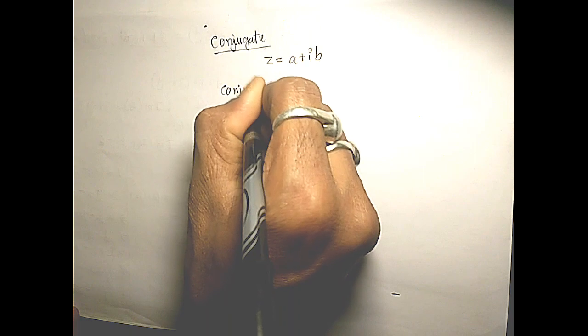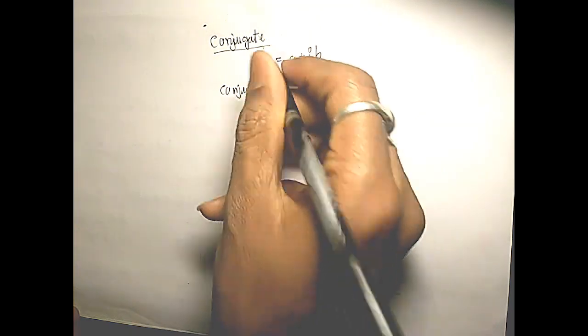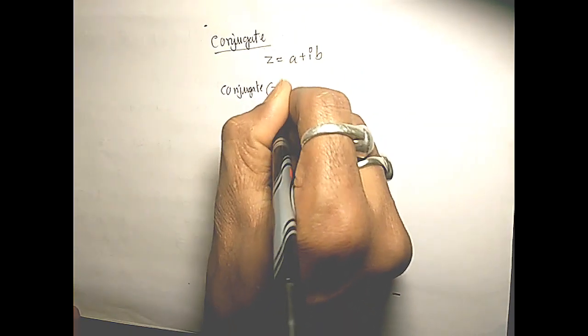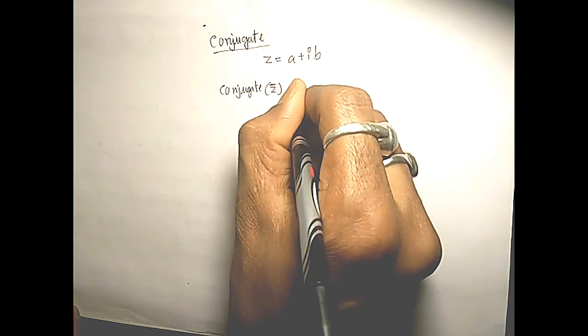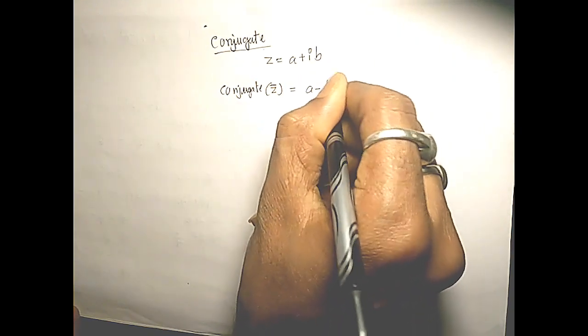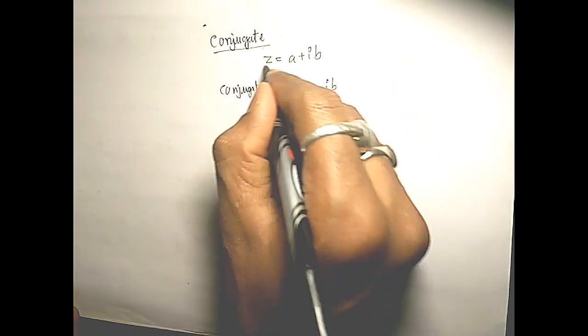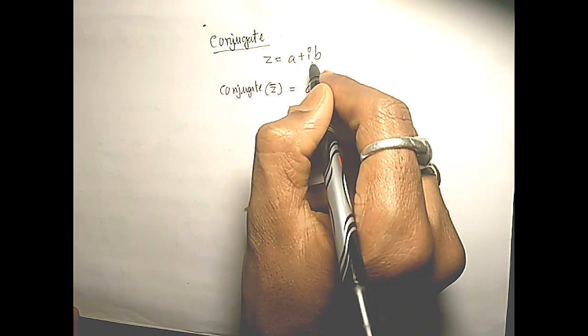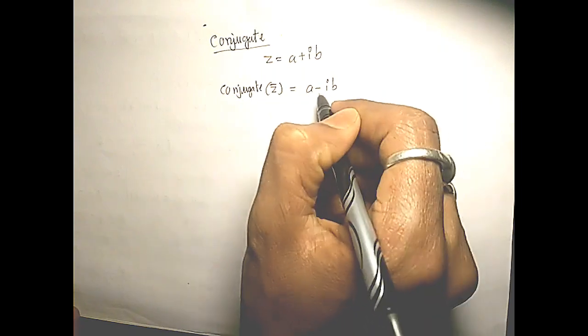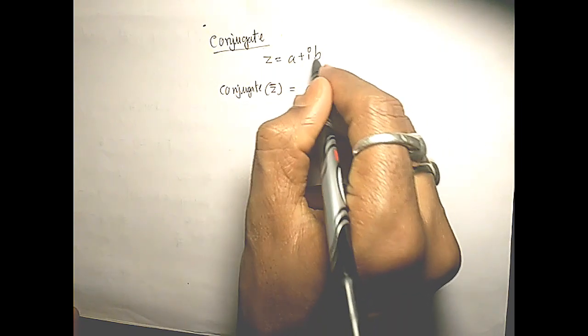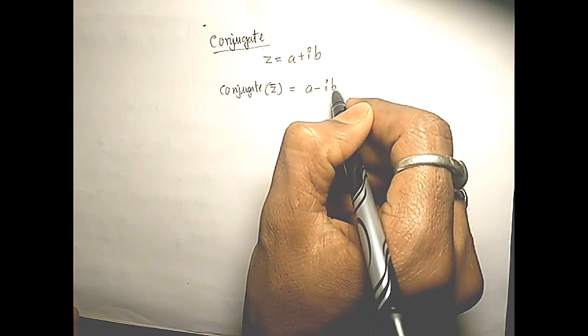Then the conjugate of z is represented by z bar equals a minus ib. That means when a complex number is a plus ib, its conjugate is a minus ib. The plus sign should be replaced by a minus sign.